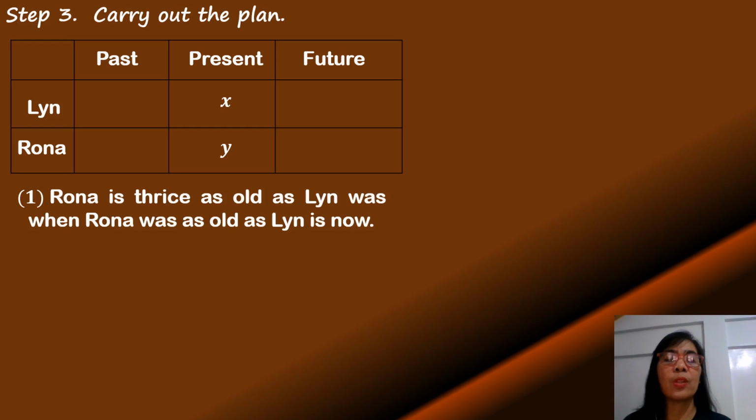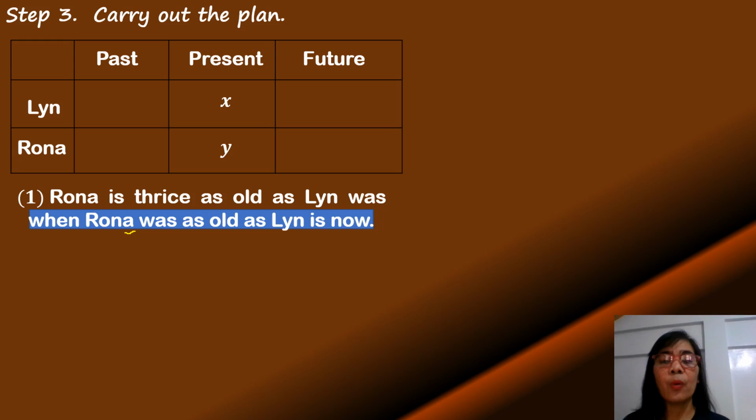The first condition is Rona is thrice as old as Lynn was when Rona was as old as Lynn is now. This statement is quite complex, so we have to understand the particular period when their ages are being compared. In this clause, when Rona was as old as Lynn is now, we are referring to that particular period.